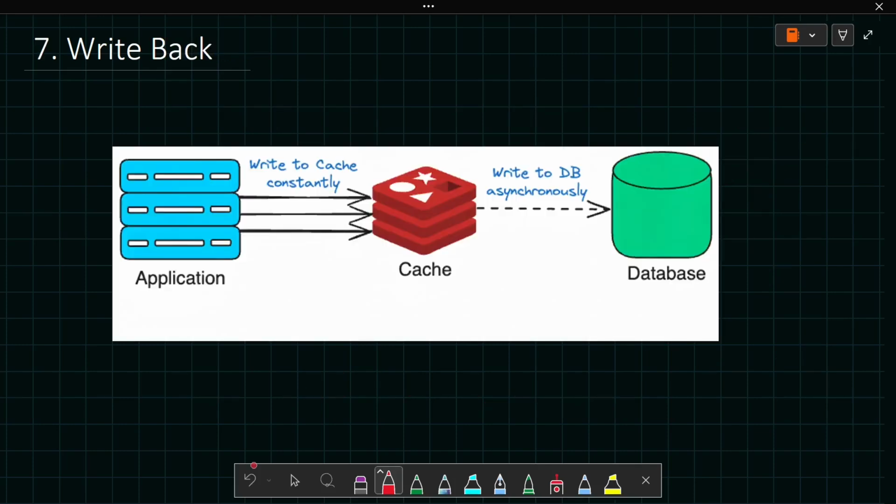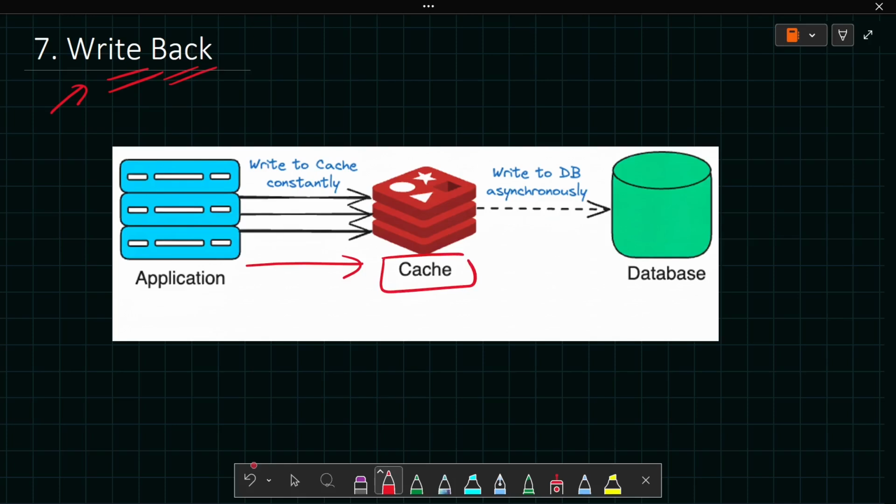Now let's talk about another caching strategy, which is write back. What we do in the write back strategy is the data is first written to the cache, and then asynchronously written to the database at a later time.